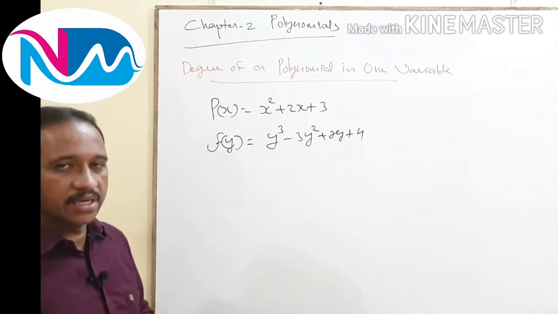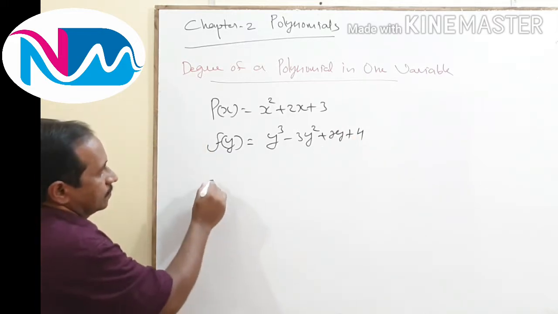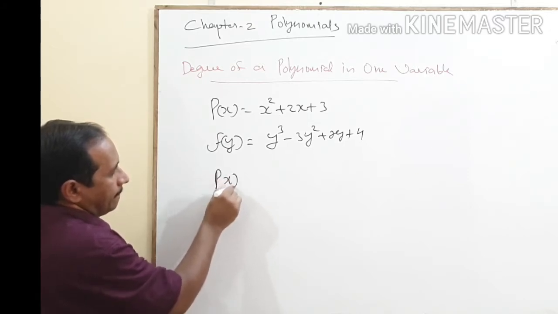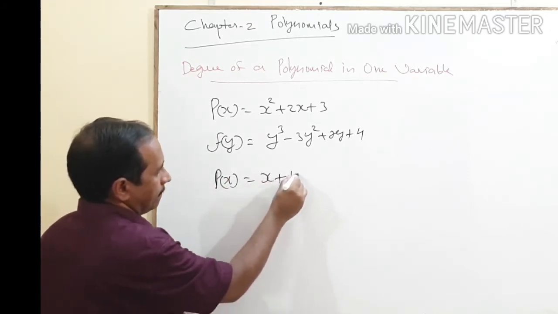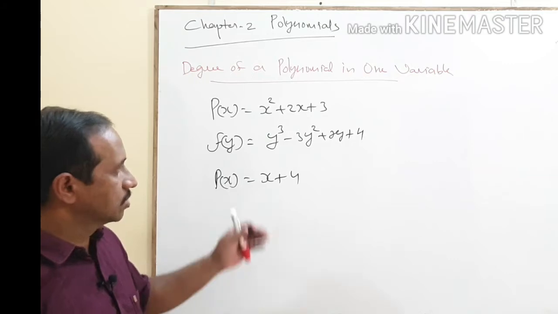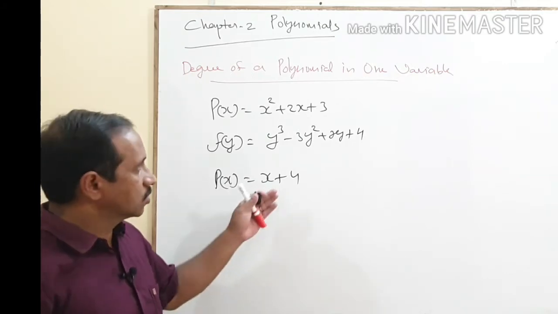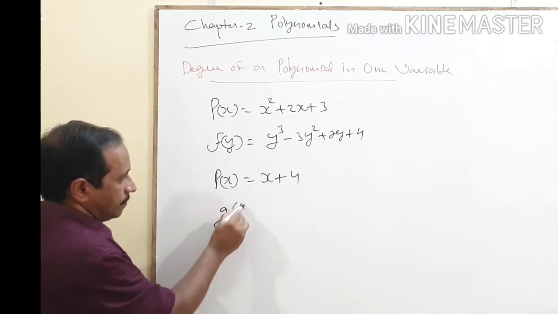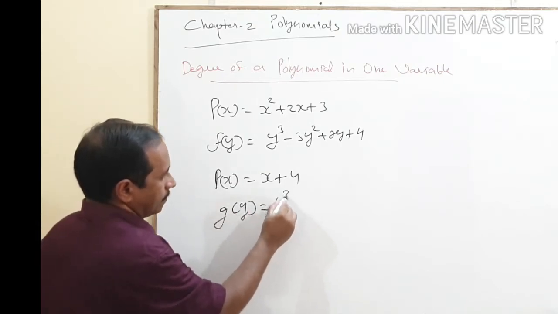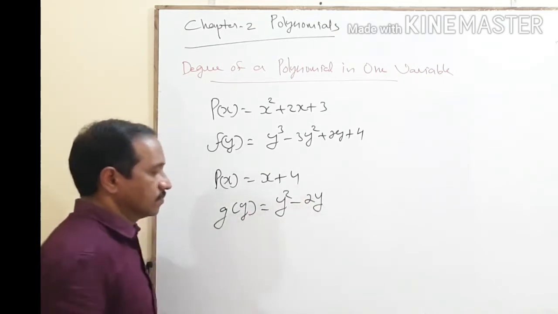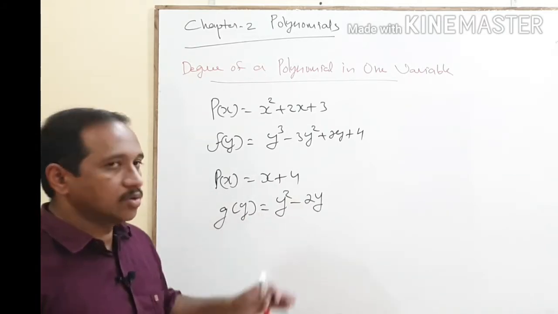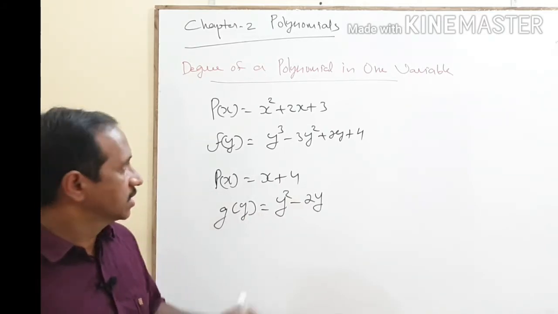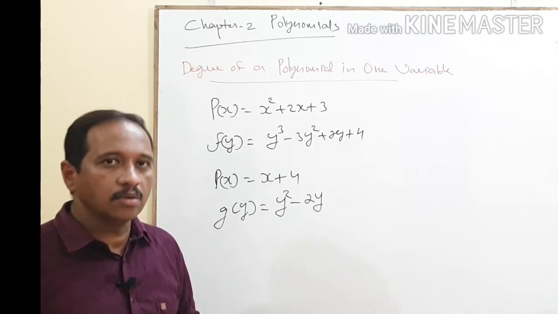This is a polynomial in variable y. Then p of x is equal to x plus 4. This is also a polynomial in variable x. G of y is equal to y square minus 2y. This is a polynomial in variable y.